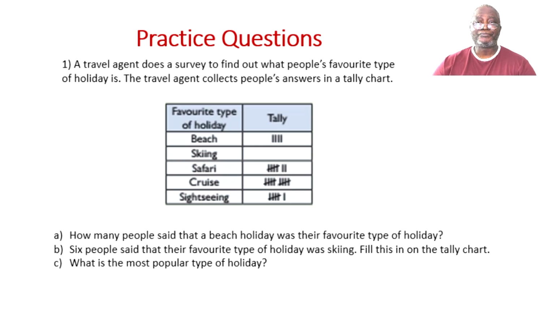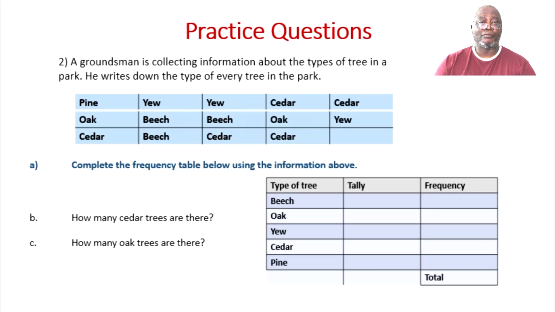Okay? Practice question 2. A groundsman is collecting information about the types of tree in a park. He writes down the type of every tree in the park, and the table below is a list of them.